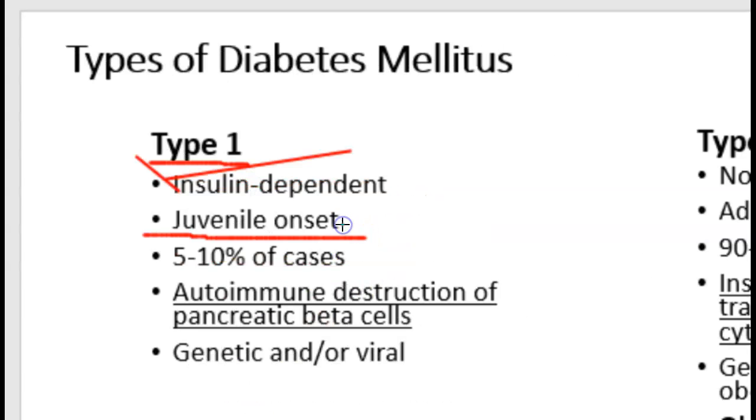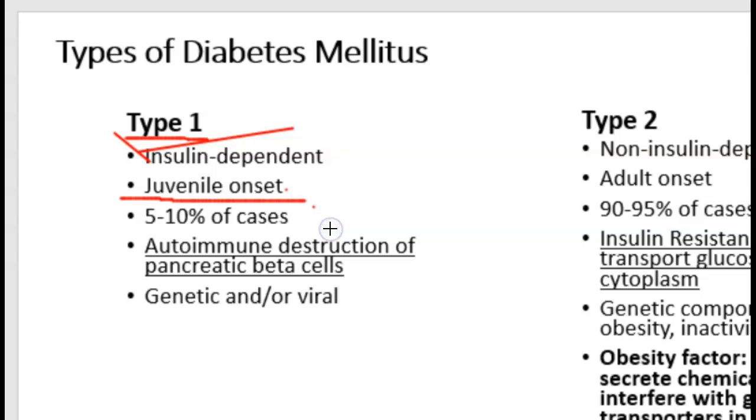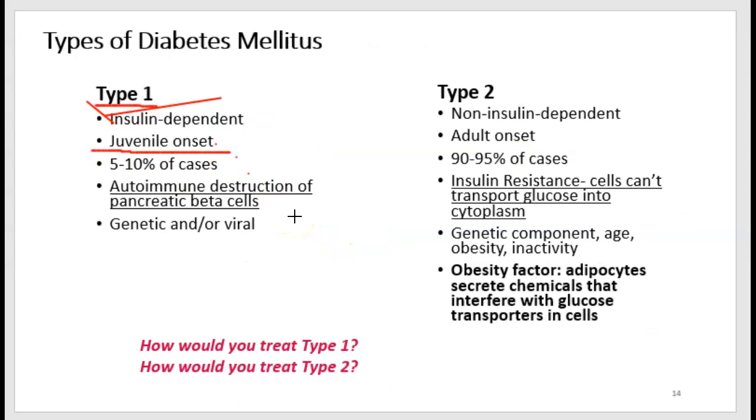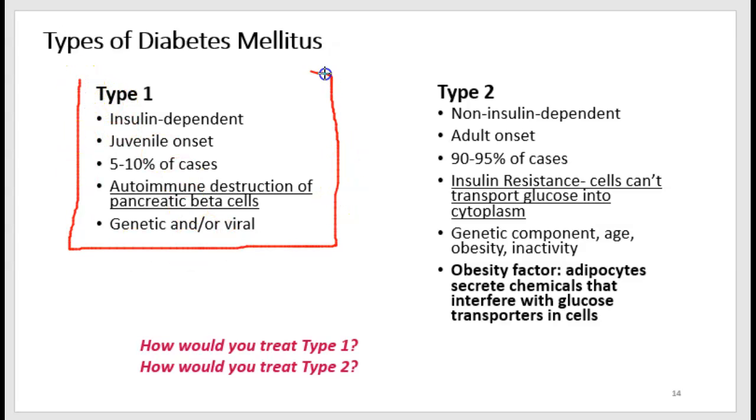So without as much insulin around, of course the blood glucose will get high, and you develop hyperglycemia. This could be caused by a genetic abnormality, or by a viral infection. So this is what I've been talking about so far: insulin production is low.